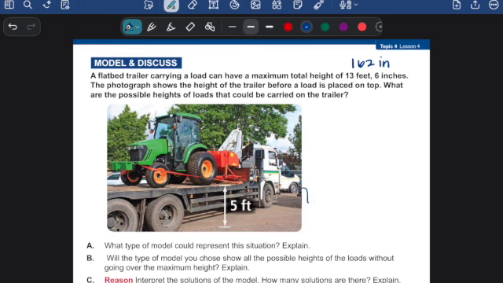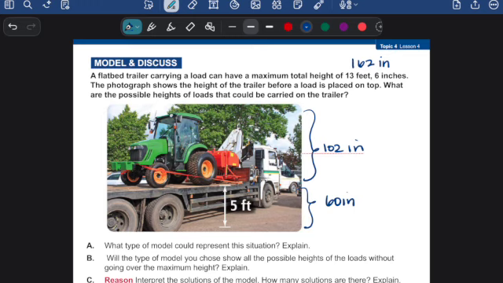So the height of the trailer is 5 feet, which is 60 inches. Okay, so that means the difference, the load, can be 102 inches, right? If the total distance can't be more than 162 inches. So the maximum that something on the trailer can be is at most 102 inches.